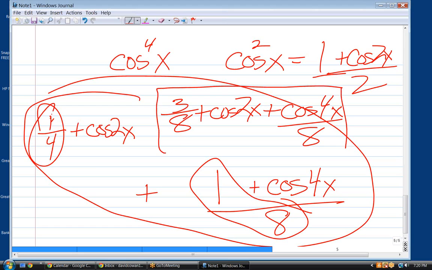So that is down to a single power of cosine. As long as they didn't say a single power of cosine of x, and I don't think they did, you could get your answer down to cosine of 4x. You'd be all right. Yeah, this is right.